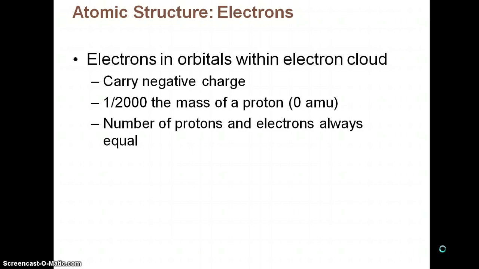They do carry a negative charge, and their mass is so small that it's not considered in the calculation for the atomic mass of an actual atom, because they are 1/2000th the mass of an actual proton. So when you're calculating the mass of an atom or of an element, it is not going to be calculated in there. So it's 0 AMUs, and the number of protons and electrons are always equal.